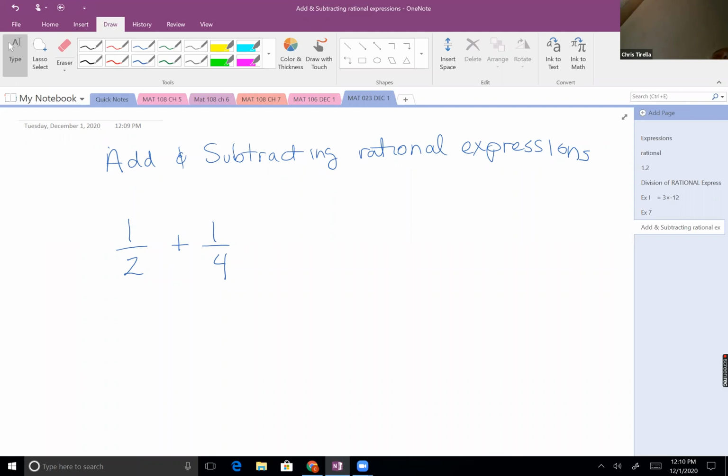Can anybody remember what we need to have in order to add or subtract fractions? Do you remember that they must have a common denominator?